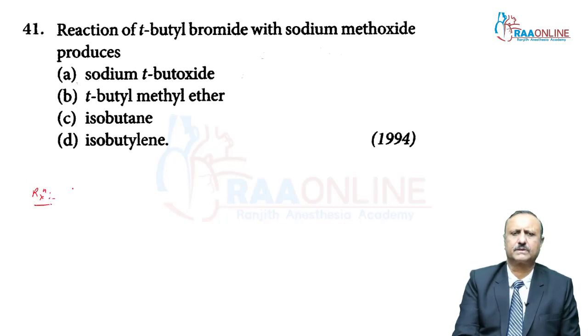In this reaction, my dear students, you can write the formula of tertiary butyl bromide. This is the tertiary carbon atom, and this is the Br group. Tertiary butyl bromide reacts with sodium methoxide, CH3ONa. It is called sodium methoxide.